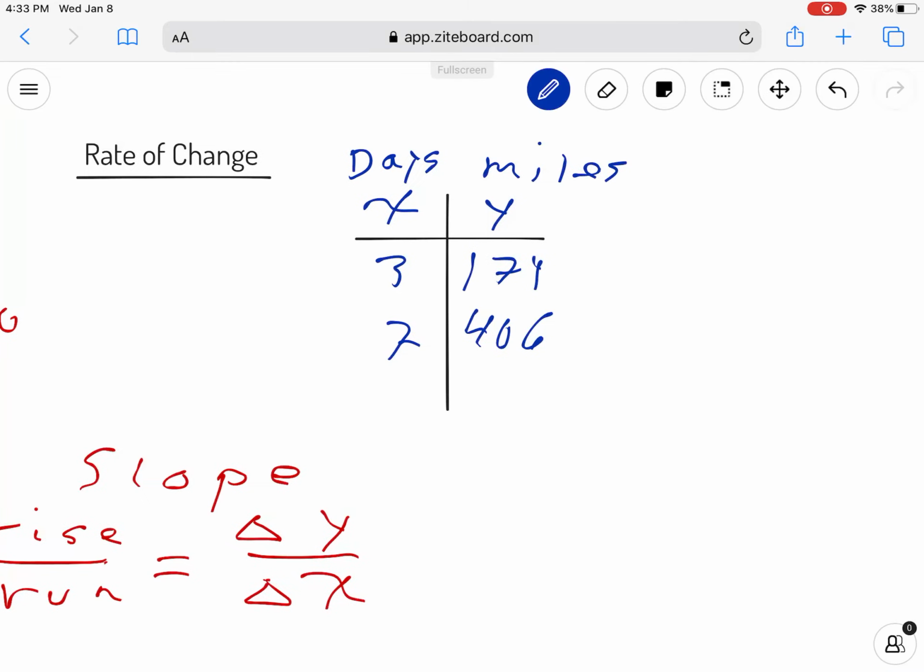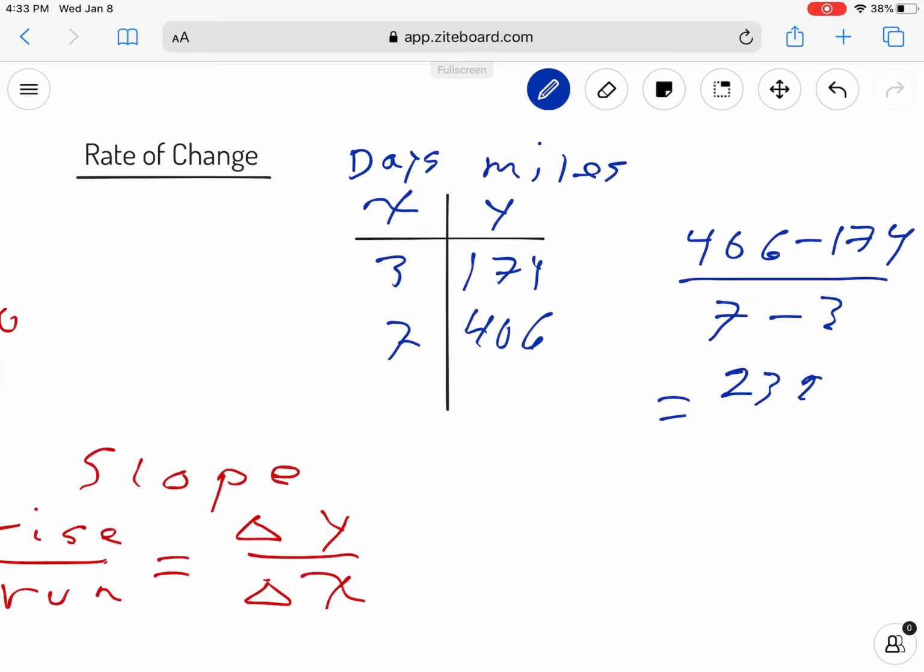Okay, so again, we take the 406 minus the 174, and we have 7 minus 3, so it's change in y over change in x. And let me get a calculator here, and I have 406 minus 174, which is 232 over 4.